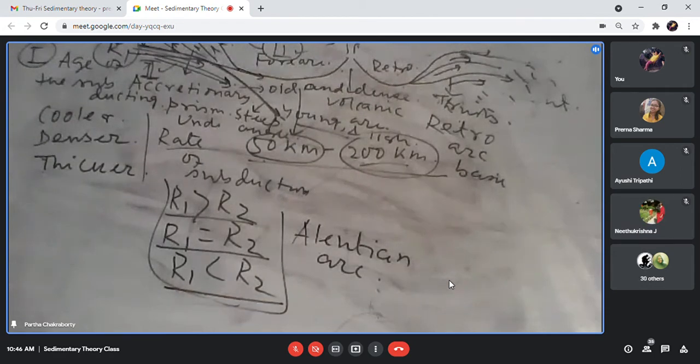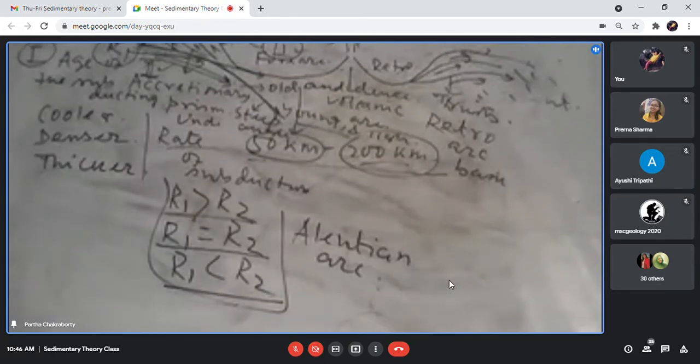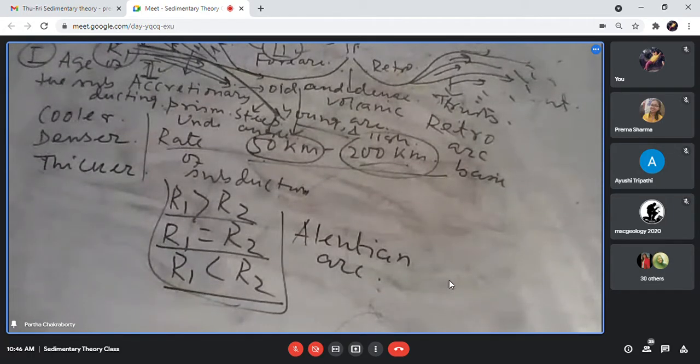It is relatively light crust, so it will not sink very quickly, and the rate of subduction, R1, will be low. Now, these are two different plates, as I said earlier, with two different controls. So it will be subducting at a low angle.